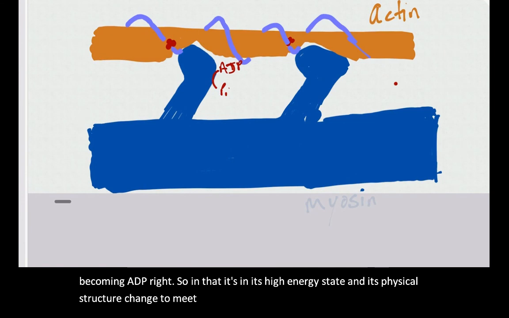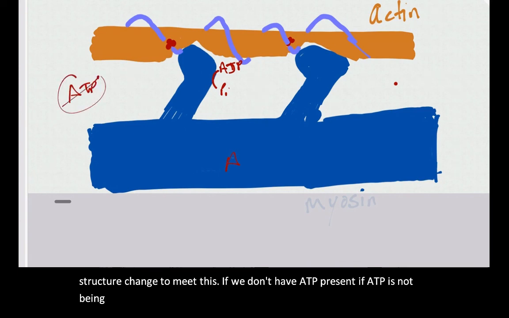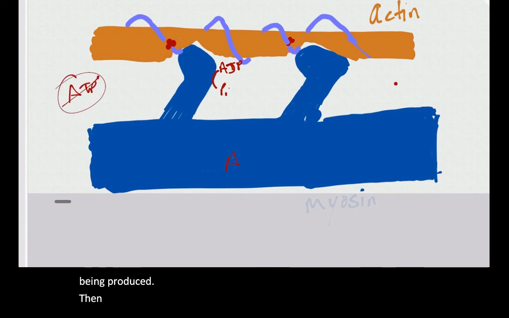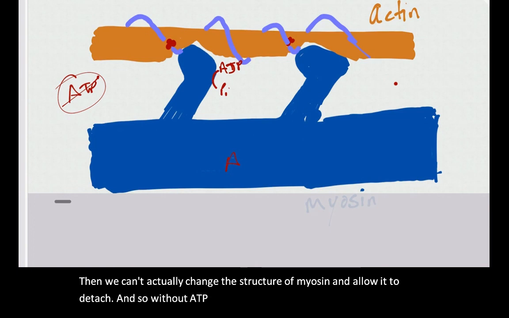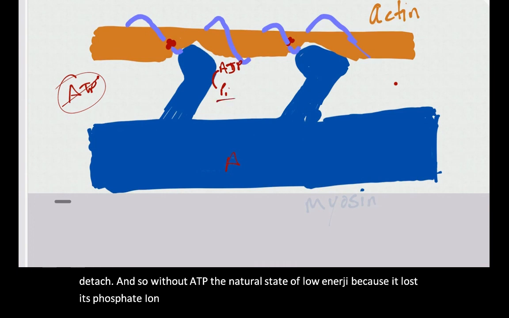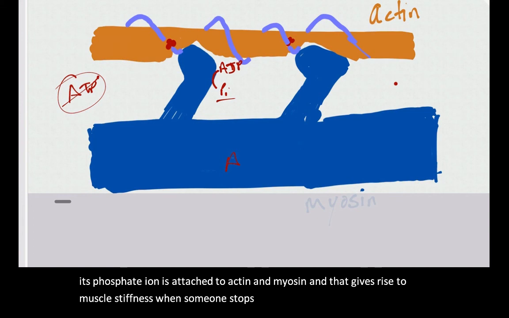If we don't have ATP present, if ATP is not being produced, then we can't actually change the structure of myosin and allow it to detach. Without ATP, the natural state of low energy, because it lost its phosphate ion, is attached to actin and myosin. That gives rise to muscle stiffness when someone stops creating ATP, for instance, when they die.